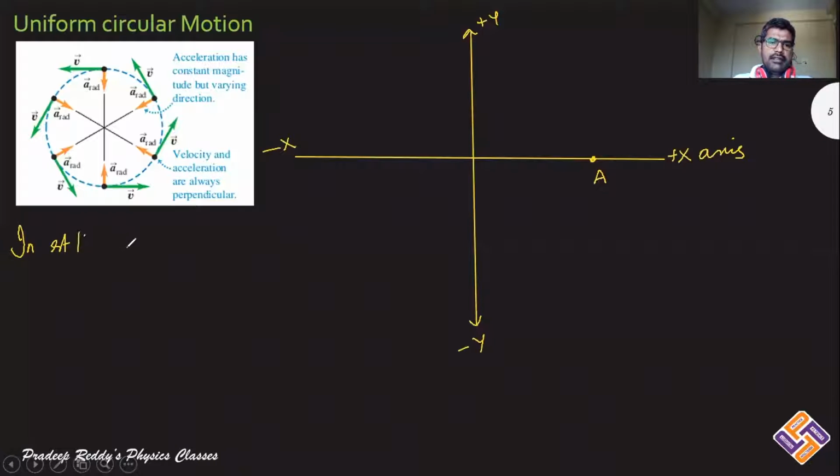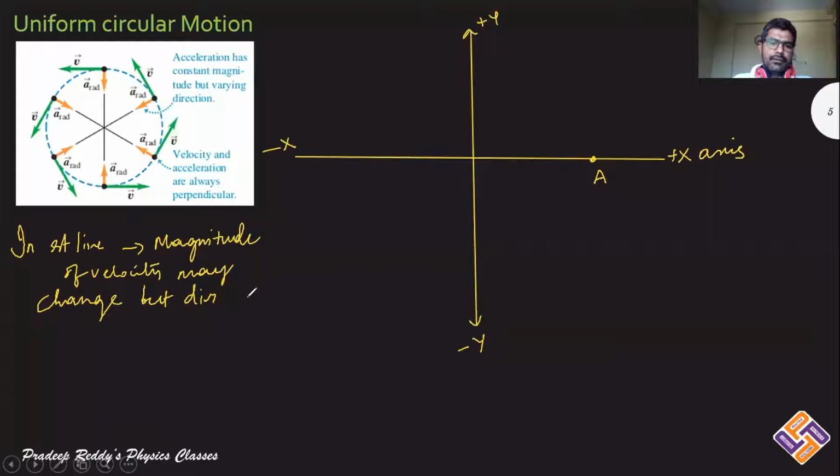in a straight line, the magnitude of velocity may change, but the direction of velocity does not change. Remember this point.